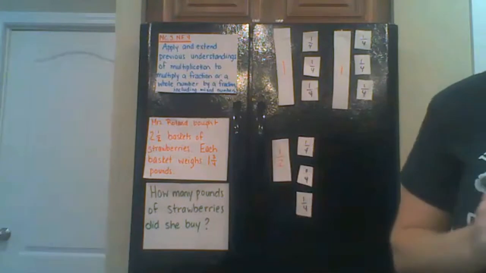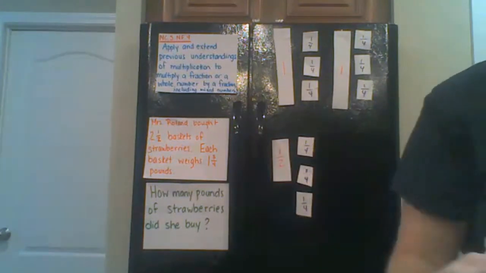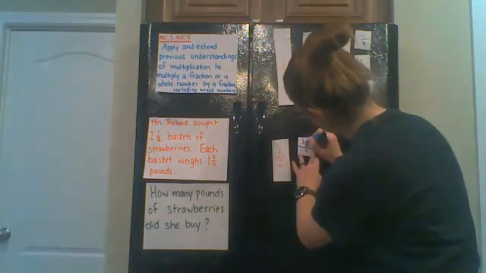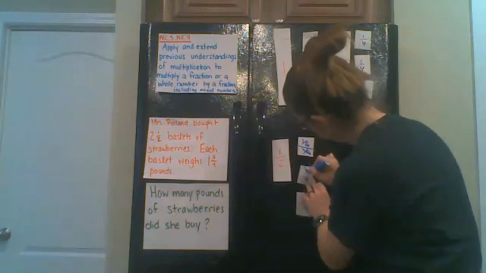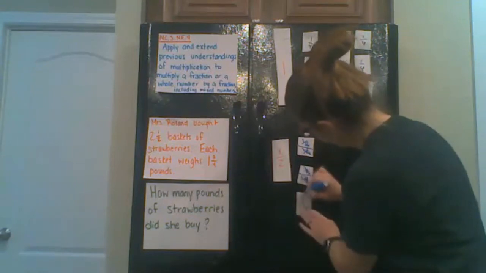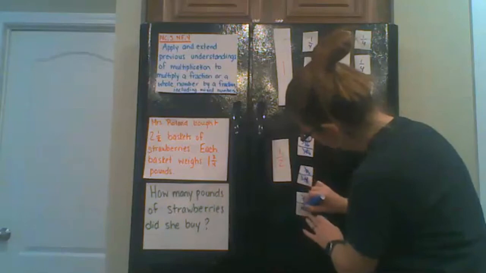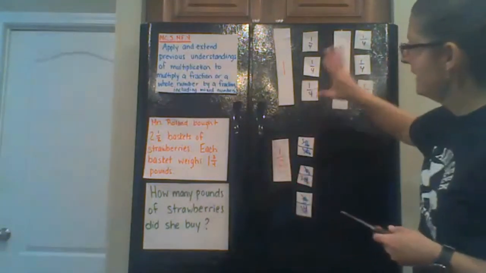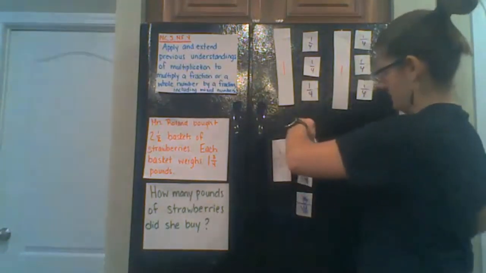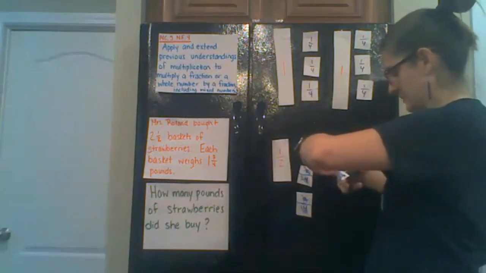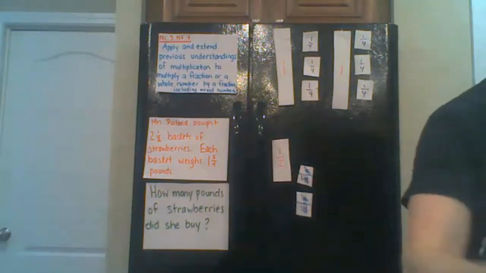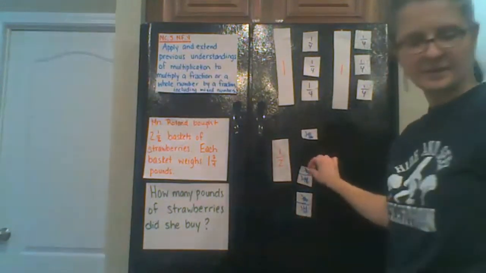So I am taking these fourths, and I'm going to mark it first just because it's going to make it easier for me when I cut. So I'm turning those 1/4 into 2/8. Now, remember, we're only looking at half of a basket, so let me half those. Alrighty.